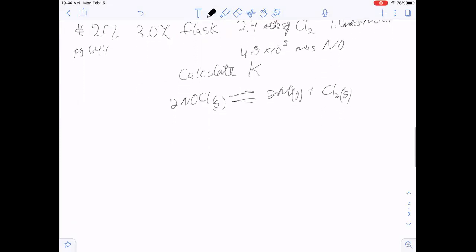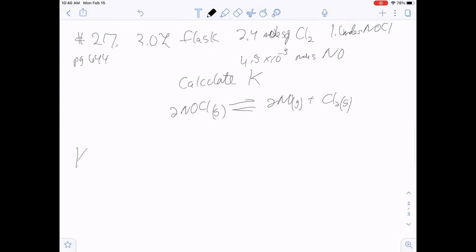So my equilibrium expression is going to be products over reactants. I'm going to raise it to its molar power. Now, are there any liquids or solids in this reaction?